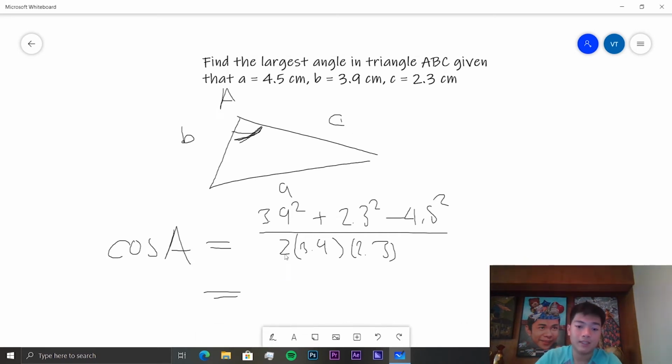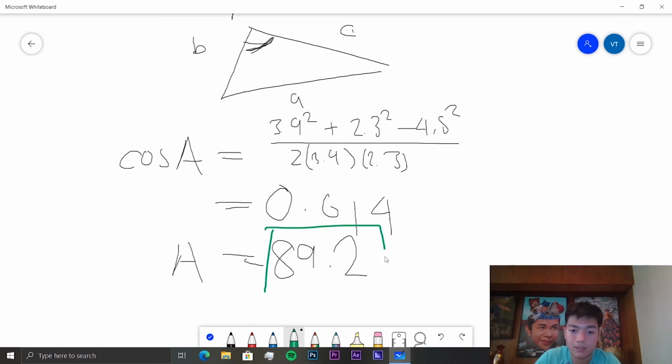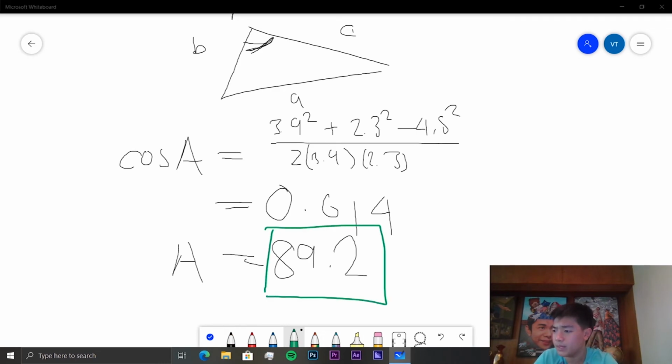And we should get something like 0.014. So we have the actual angle is equal to cosine -1 of that, which is around 89.2 degrees. So this should be the correct answer.